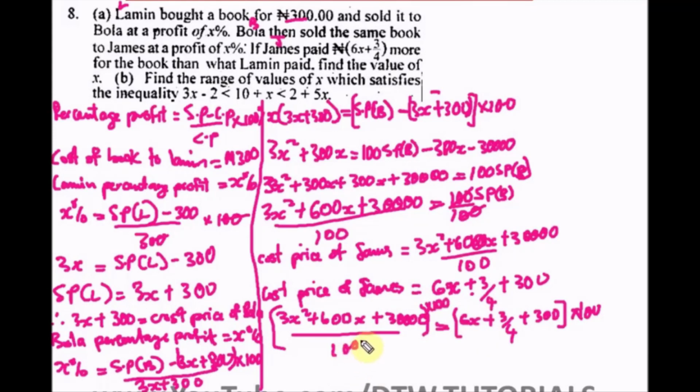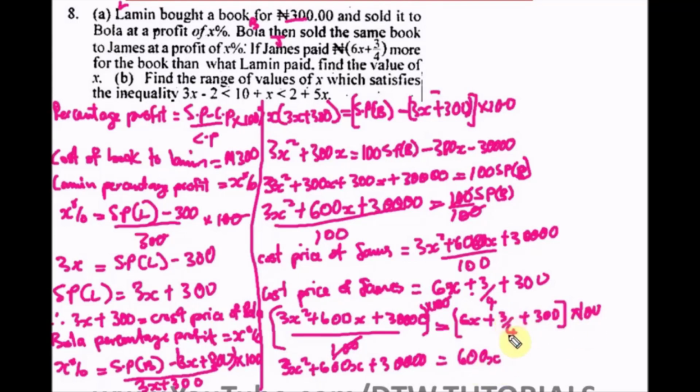So this 100 will cancel out this 100. This is just to cancel out everything in the denominator. So we are left here with 3x squared plus 600x plus 30,000. And when we multiply everything here by 100, 100 times 6x, we have 600x.